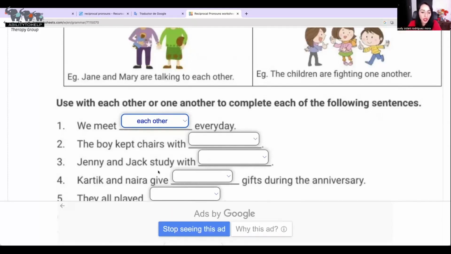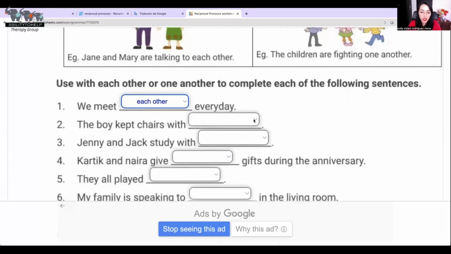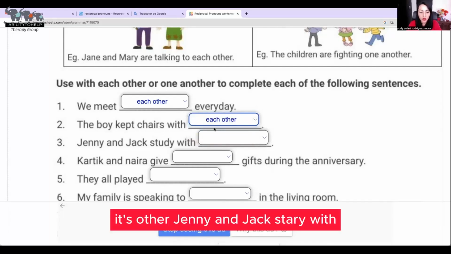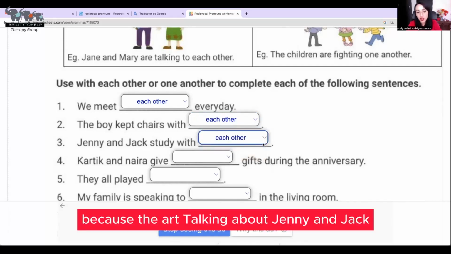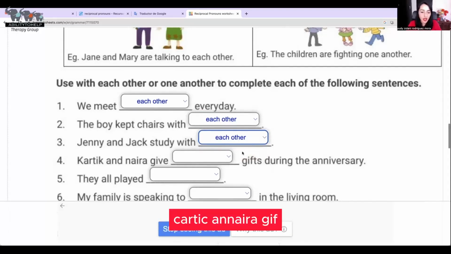The boy kept chairs with each other. Jenny and Jack study with each other because they are talking about Jenny and Jack.